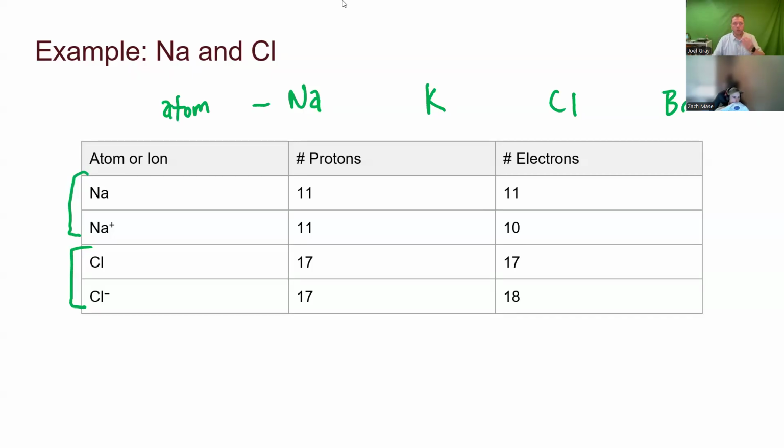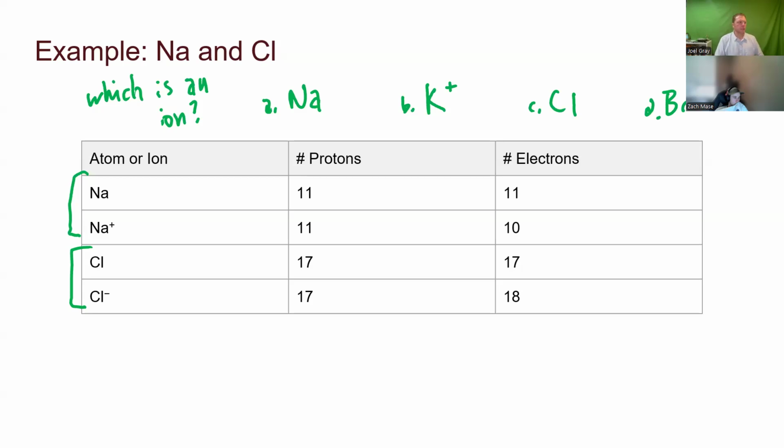So if I were to give you a question of which of these is an ion? A, B, C, and D. Your answer would be B.